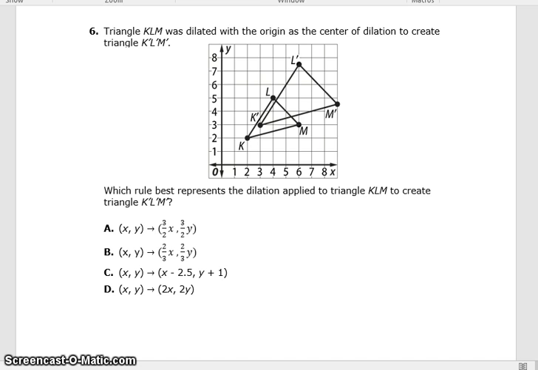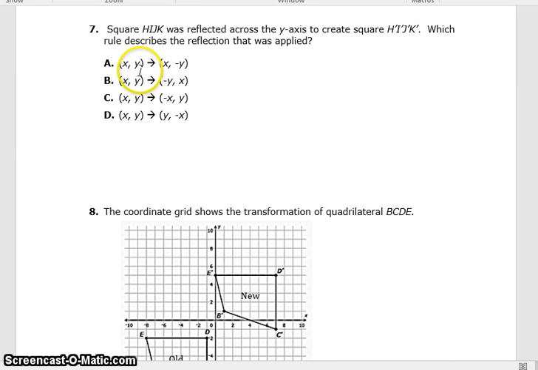Dilation. Number 7. Square HIJK was reflected across the y-axis to create square HIJK prime. Which rule describes the reflection that was applied? Reflected across the y-axis.